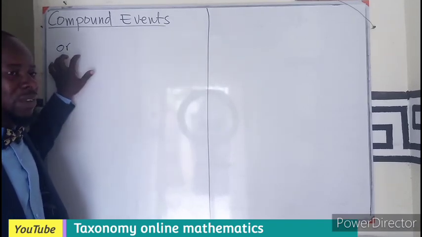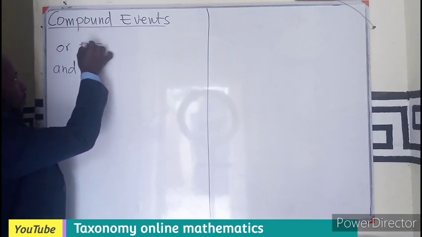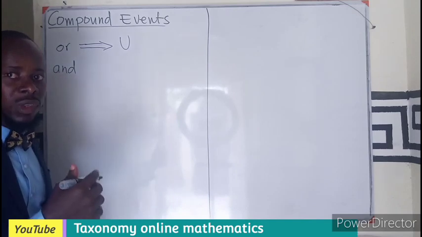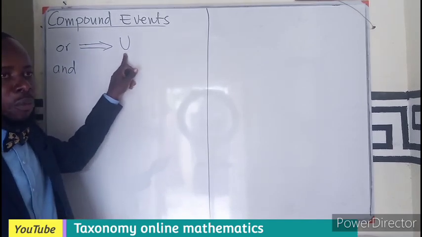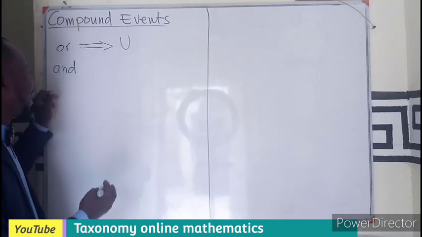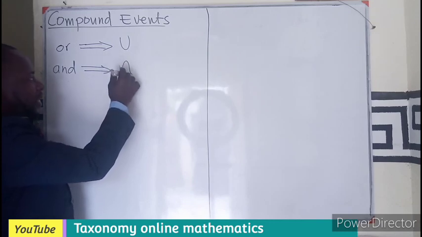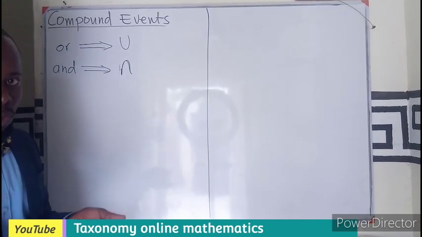In the case of or, it corresponds to union in set theory. If you use the union, it is a combination of two or more sets together. Then and corresponds to intersection, meaning the two sets have something in common.